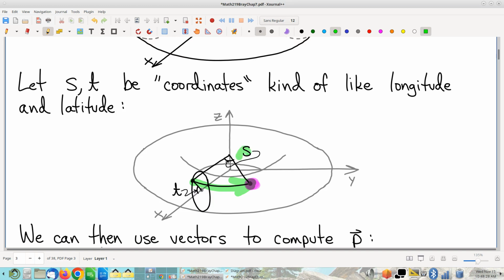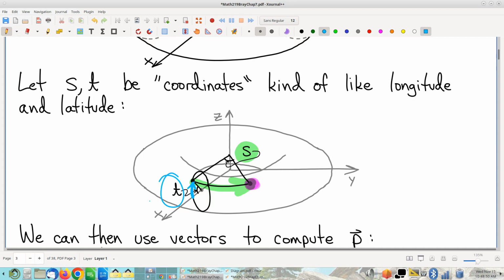Right? We're going to call that angle S. And then, to get to that point, I think it would be reasonable to talk about how much you have to go up from what you might call the equator. We'll call that T. Does that seem reasonable?